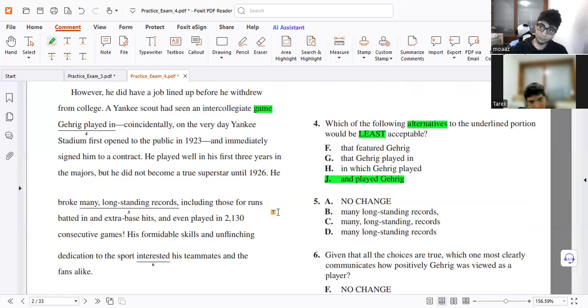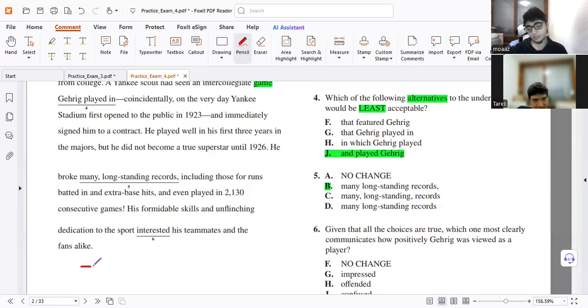Number 5. B. Number 5, it's B correct. Muaz, what's your answer? Don't lie. Okay, I'm not very sure. Look: adjective, adjective, noun, compound adjective. "Many" does not take a comma, by the way, because it's a determiner.